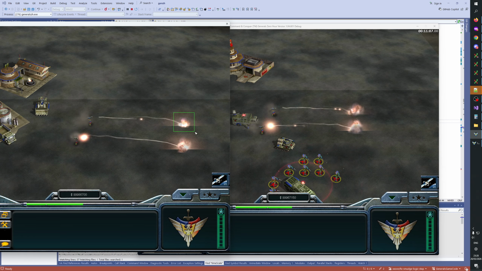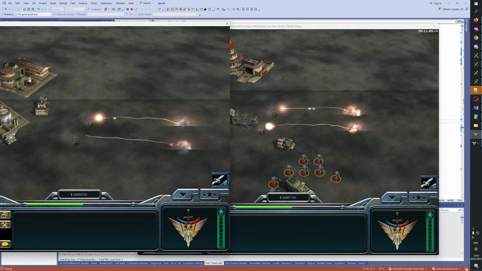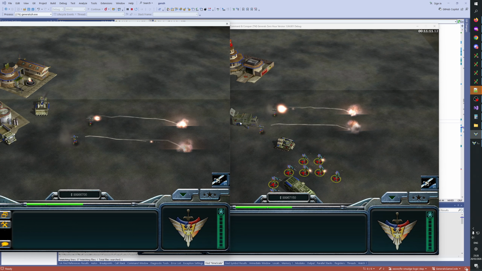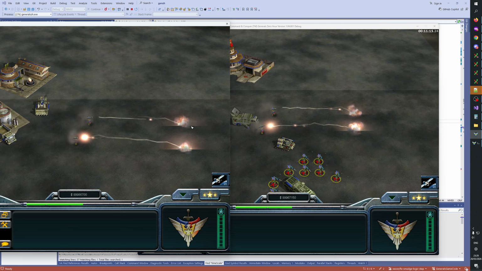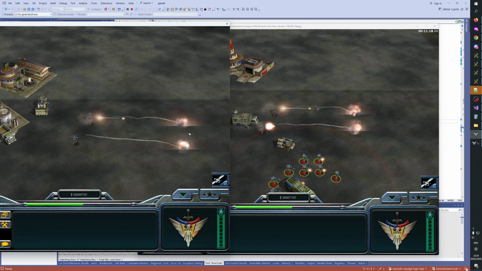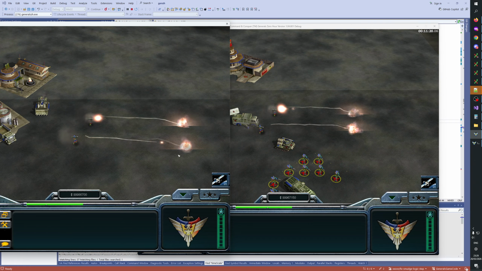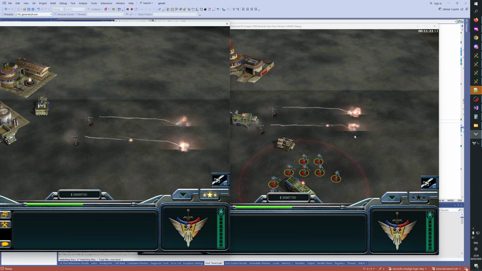Explosion. To me, it looks like this explosion has more volume. This one looks a bit more nerfed, right? Looks a bit smaller. Like, these guys don't have as much volume as they do.